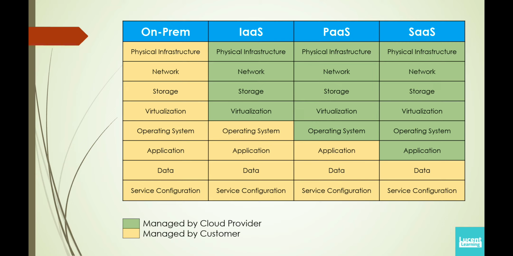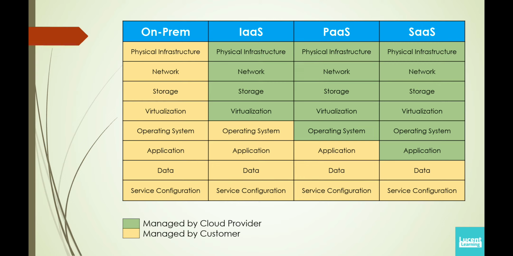Now you only need to take care of the application configuration, data, and then service configuration. And if I talk about software as a service, there you have to take care of only the data and service configuration. In this part, even the application is being managed by cloud providers.